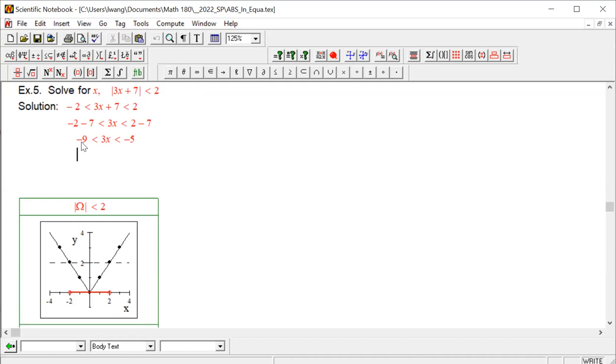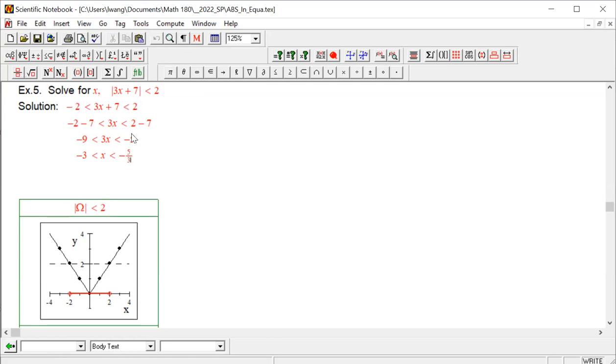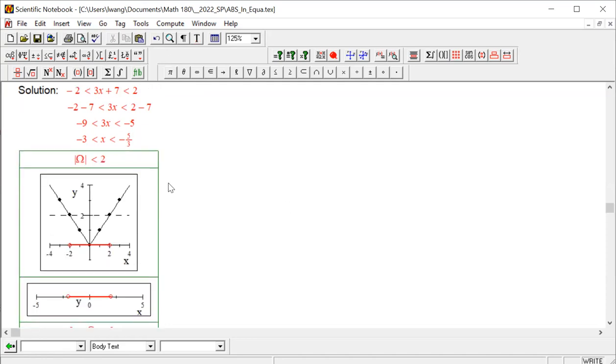So -9 divided by positive 3 is -3, and x is isolated. And -5 divided by 3 is -5/3. That's it. That's our solution. You can see using these models, we can solve more complicated questions.